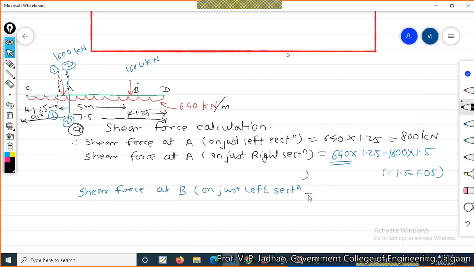We are considering the section on the left side. Let us consider this is your section number 33.